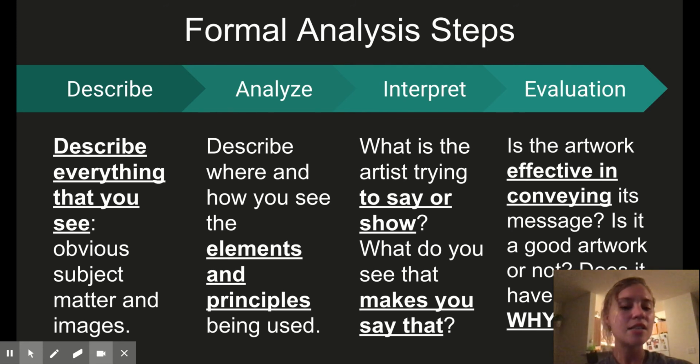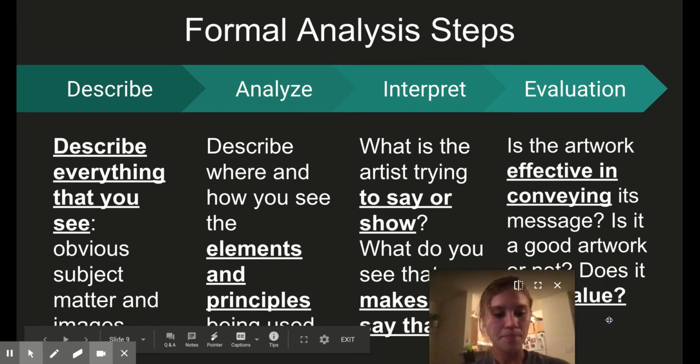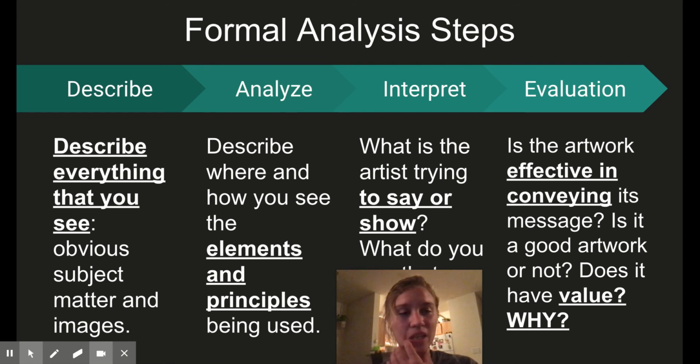And then does it have value? And really meaning when we talk about does it have value, like who could it have value to? And then the last one, why do you feel that way? So like answering why for all of those questions, just backing up your own personal responses.